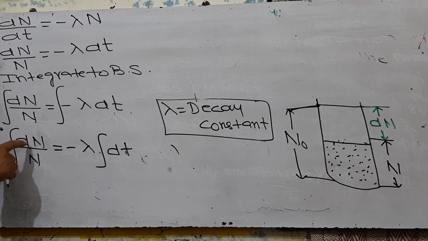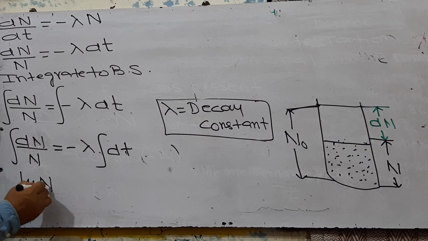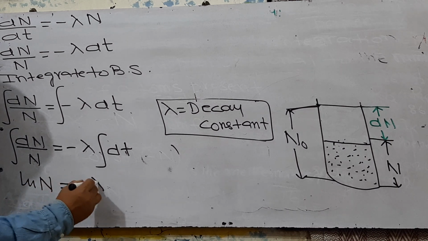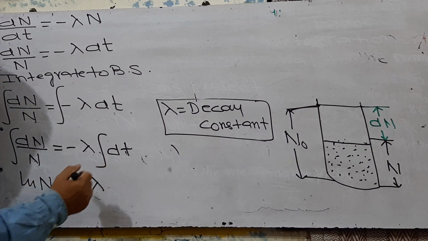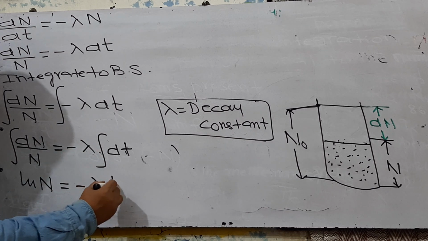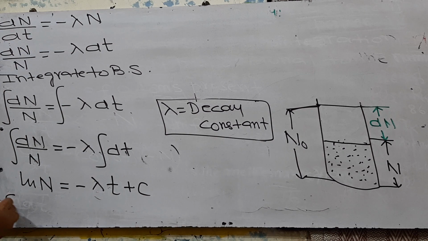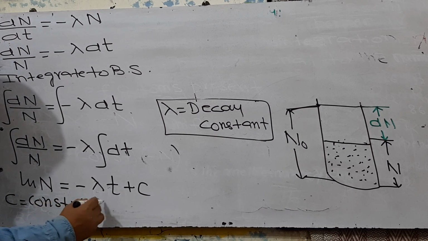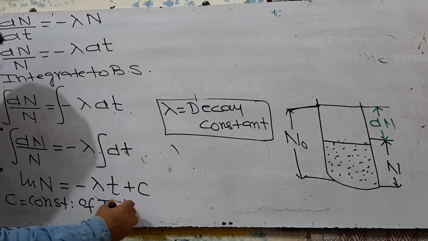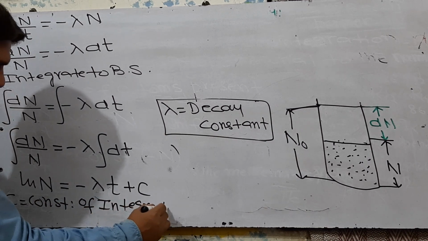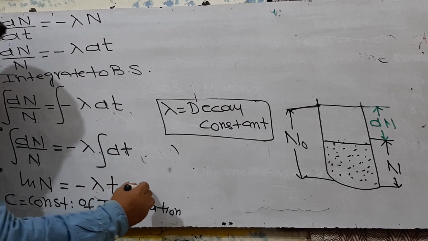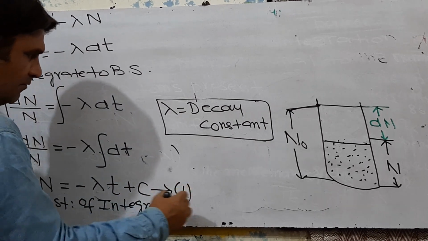The integration of dN over N is log N, which is equal to minus lambda, and the integration of dt is t, plus c, where c is called the constant of integration. Say this is equation 1.